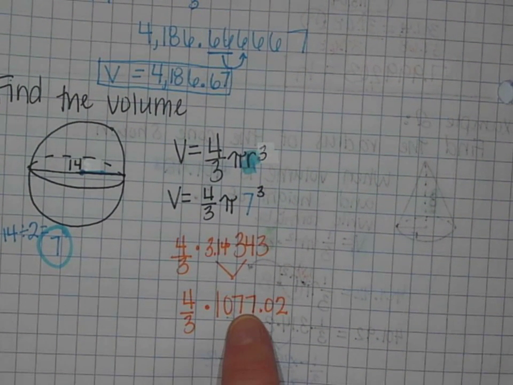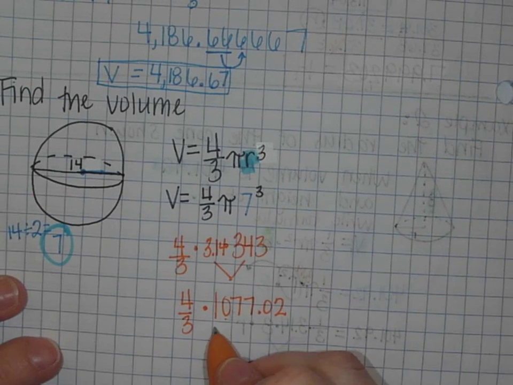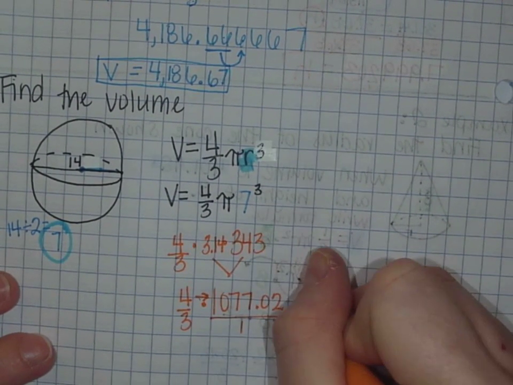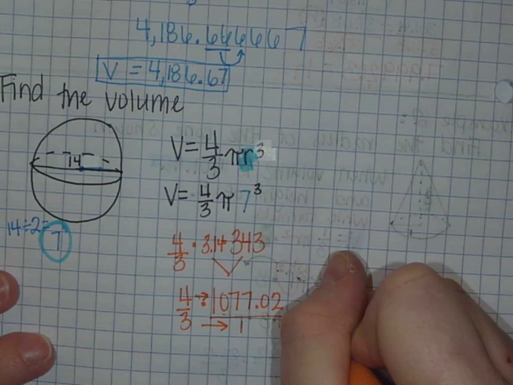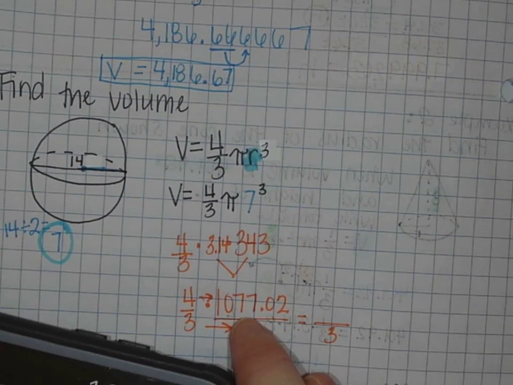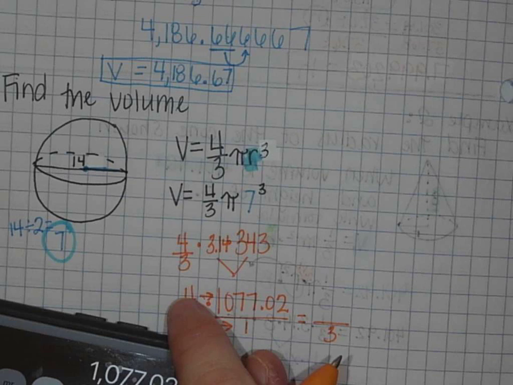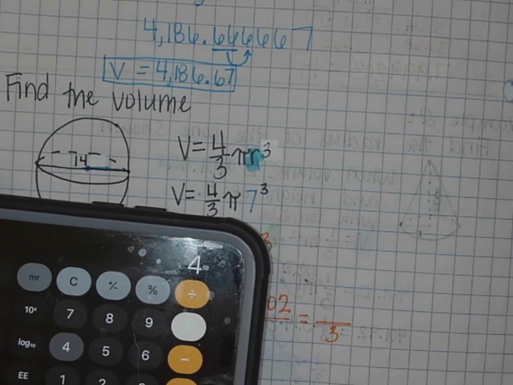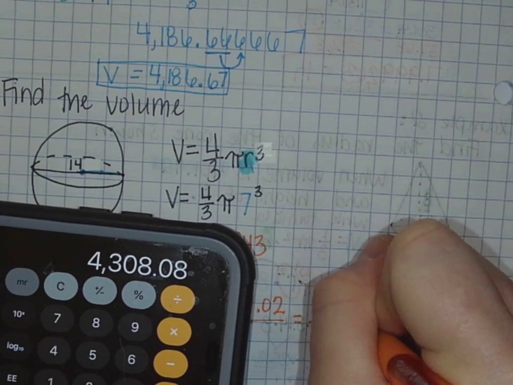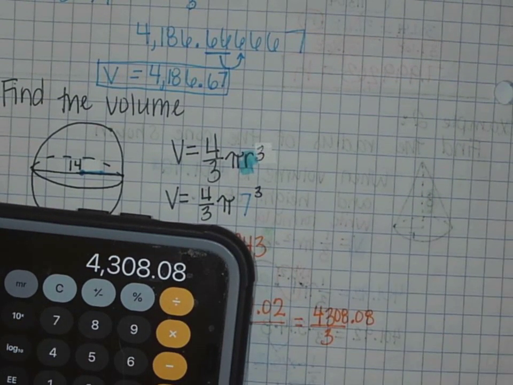So then we have a number times a fraction. So again, multiply across the top, multiply across the bottom. We know the bottom's going to be 3. That one should be pretty simple. Then you're going to take that answer and multiply by 4. So times 4 is 4,308.08.